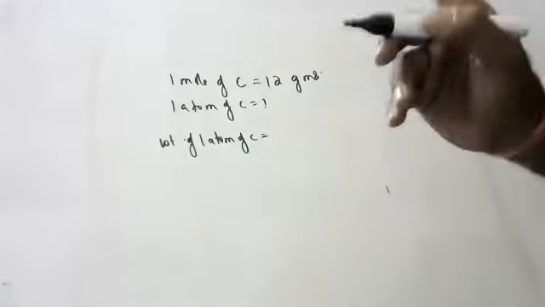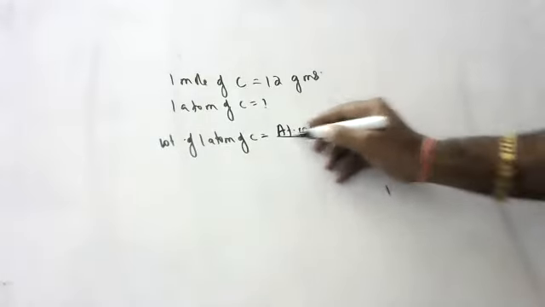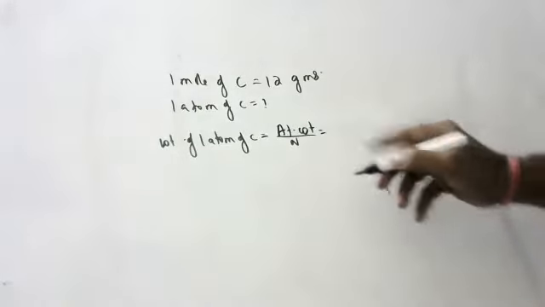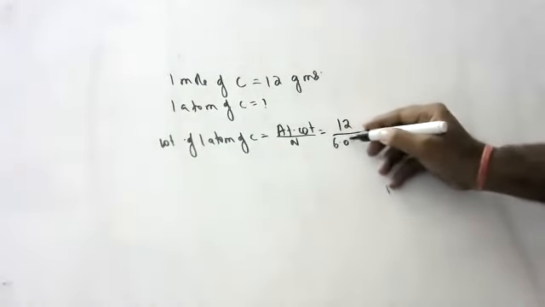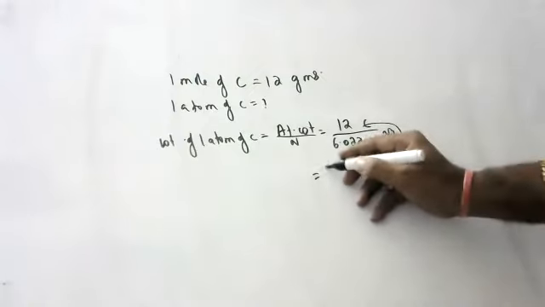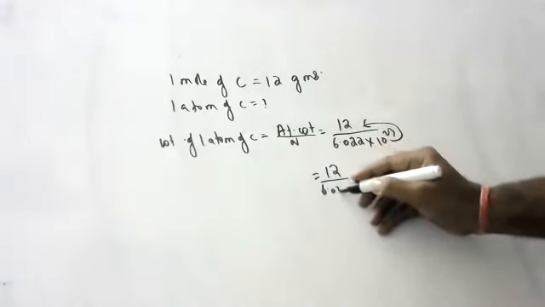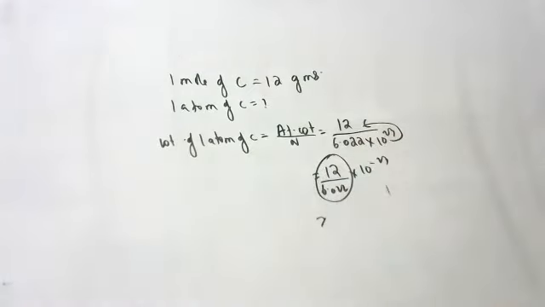What is the formula for weight of one atom, children? Atomic weight by Avogadro number. What is the atomic weight of carbon? 12 by 6.022 into 10 to the power of 23. Can anyone tell 12 by 6.022 is how much, children?